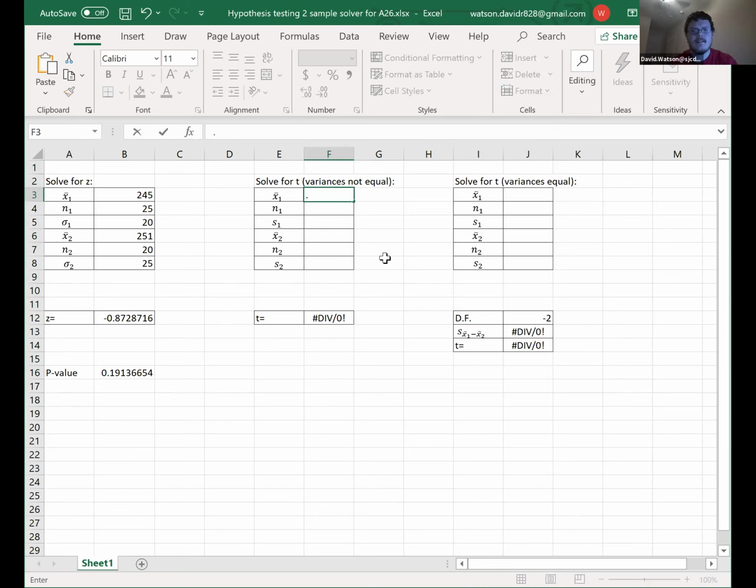So we got 0.48, 30, 0.05. Oh, wait, no, sorry. I'm plugging in the stuff from problem 4. Ignore that. 473, 8, 39.7, then 459, 18, and 24.5.